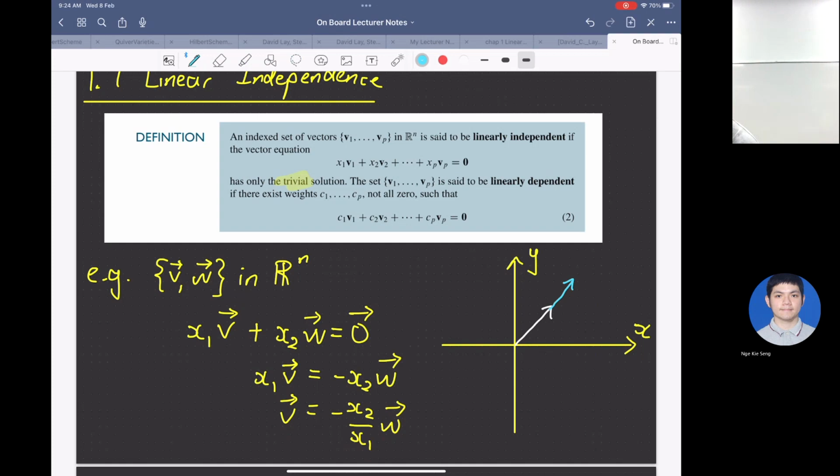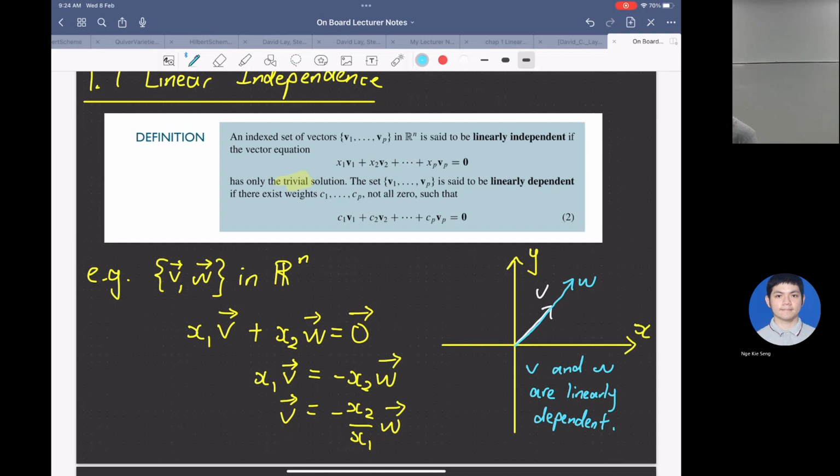So this one is the B, this one W, this one V. Okay, so V and W are linearly dependent. Because it's a scalar multiple of each other. Linearly dependent means I can get W from the others, from V.